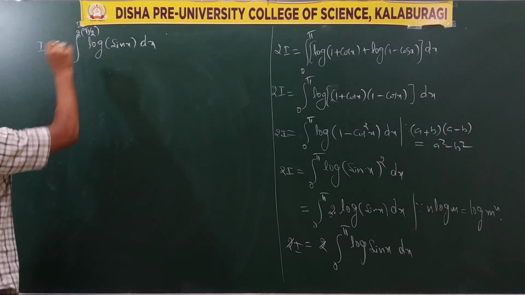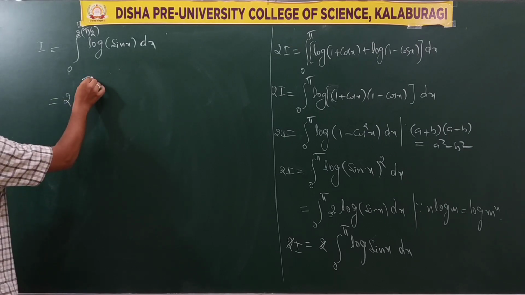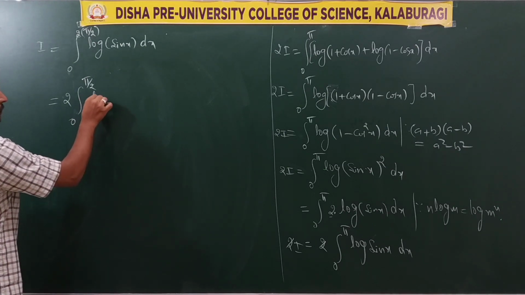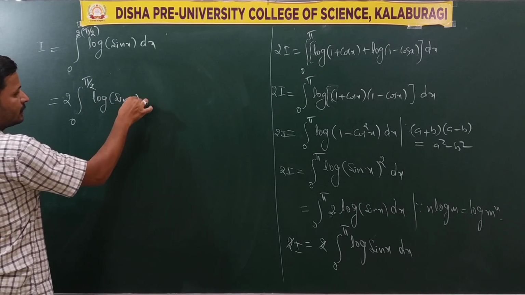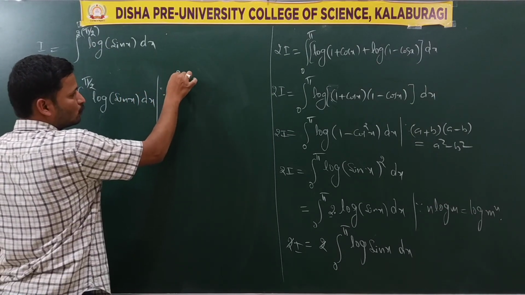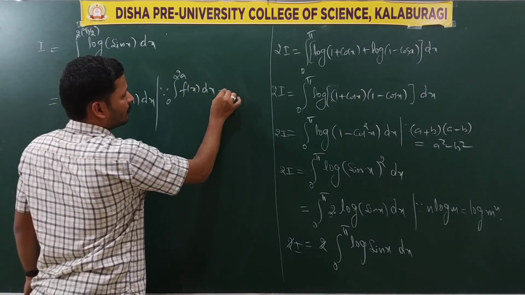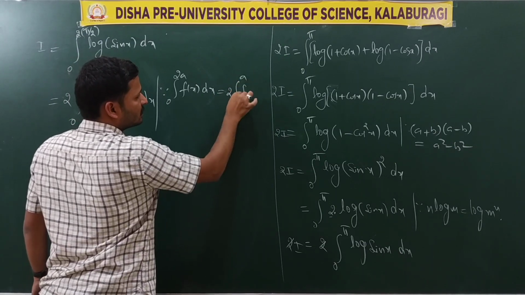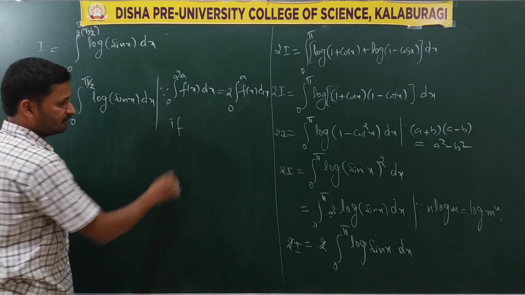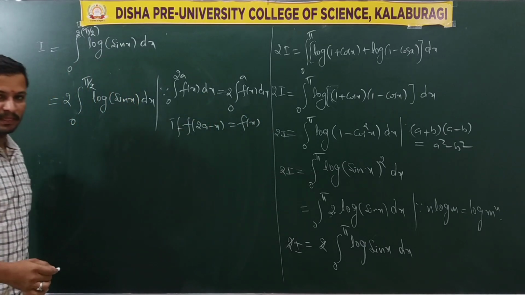So this integral can be written as 2 times integral from 0 to pi by 2, because here the value of a is pi by 2, of log of sin x dx. The reason is the property: integral from 0 to 2a of f of x dx is equal to 2 times integral from 0 to a of f of x dx, only when the condition f of 2a minus x is equal to f of x holds.